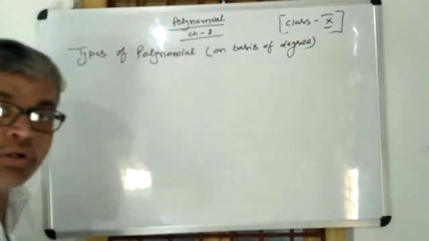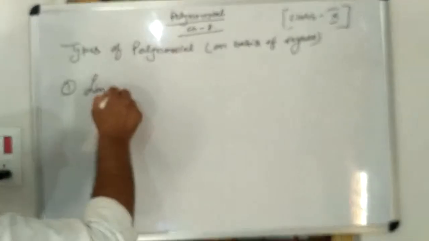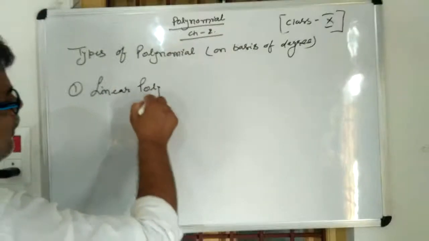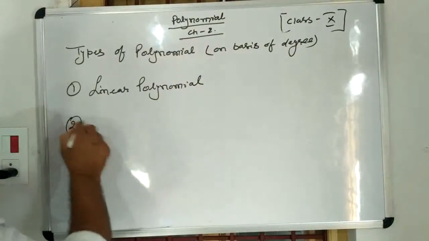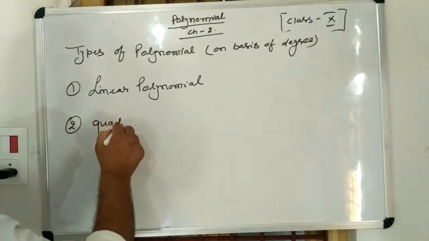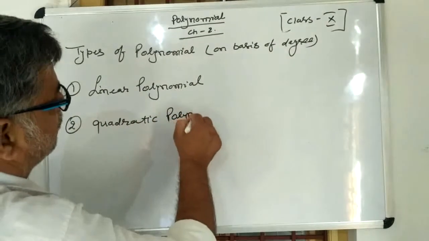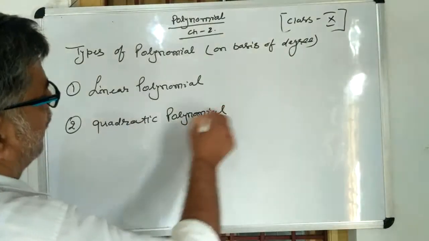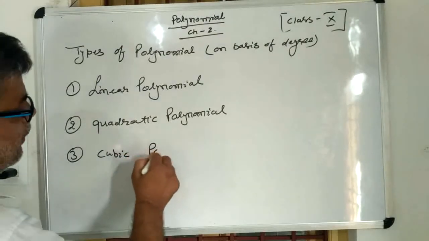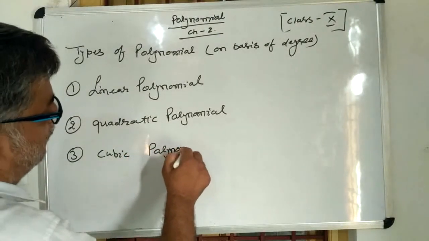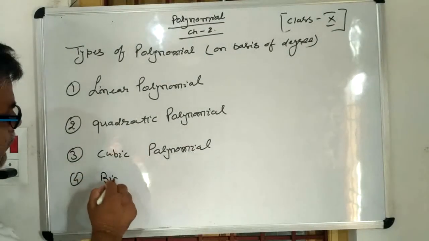First is the linear polynomial, second is the quadratic polynomial, third is the cubic polynomial, and fourth is the biquadratic polynomial.